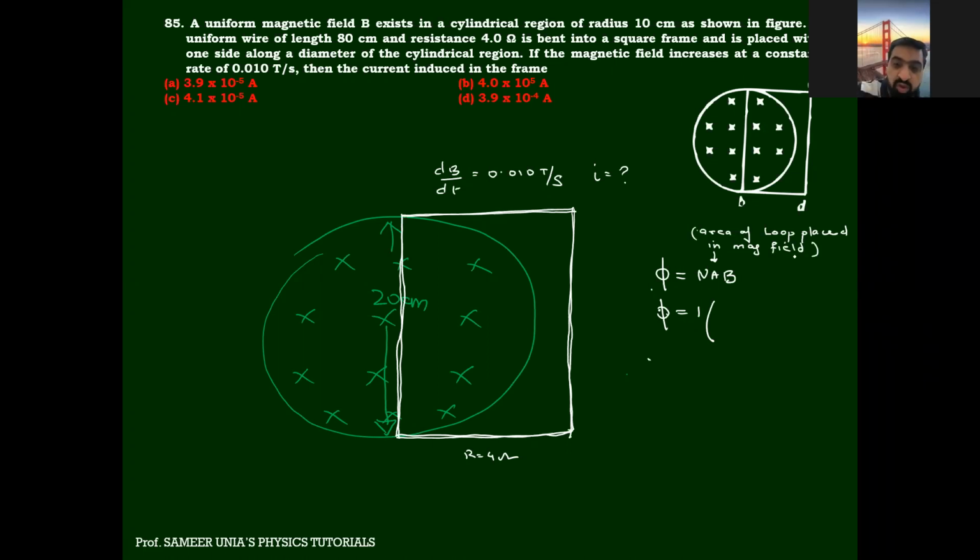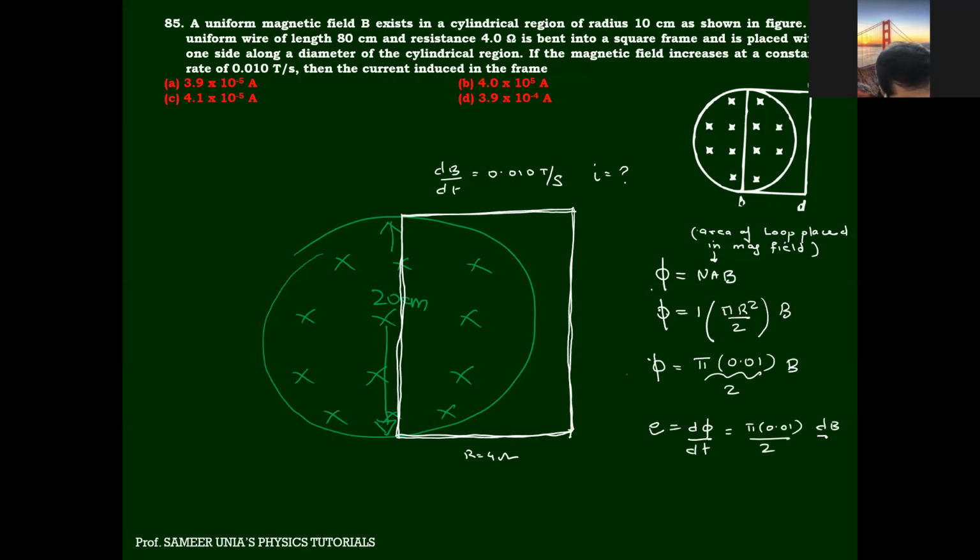Normally in earlier sums the whole area was taken, but here it is not so; it is pi r square by 2 into B. R is 10 centimeters, so r square is 0.01, divided by 2, and B. So d phi by dt, the EMF E, will become pi into 0.01 divided by 2 into dB by dt, into 0.010. This was the EMF.